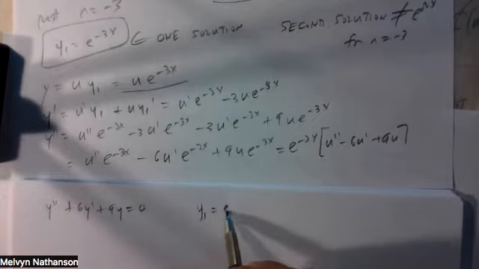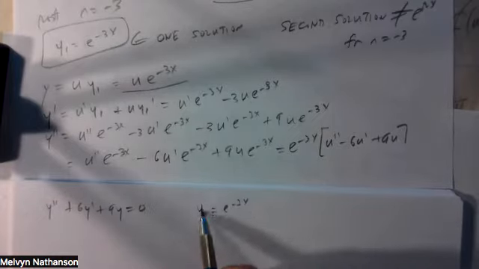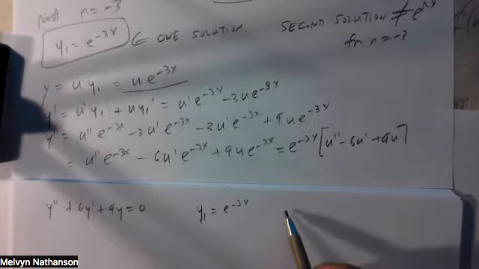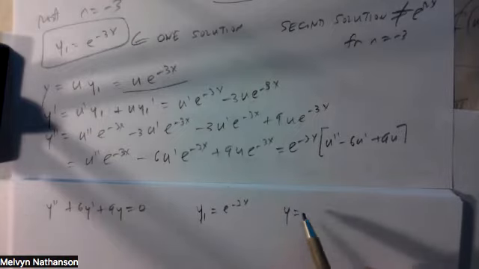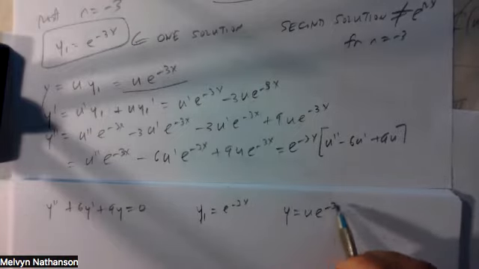So I have y double prime plus 6y prime plus 9y equals 0. That's the equation we want to solve. One solution is y1 equal e to the minus 3x. And I look for a second solution, y, which is of the form u e to the minus 3x.